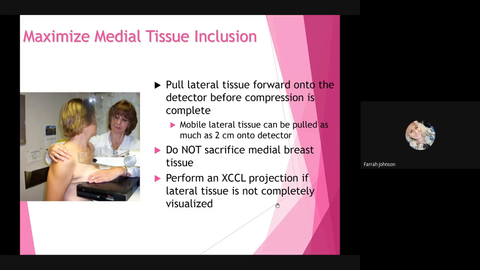If you need to, you can perform an XCCL projection if the lateral tissue is not completely visualized. Meaning, if they have a very dense fibroglandular axillary tail, you can complete an XCCL projection, especially if it's their first mammogram, to make sure that you include all of that lateral tissue as well. And that's going to depend on your department protocol.